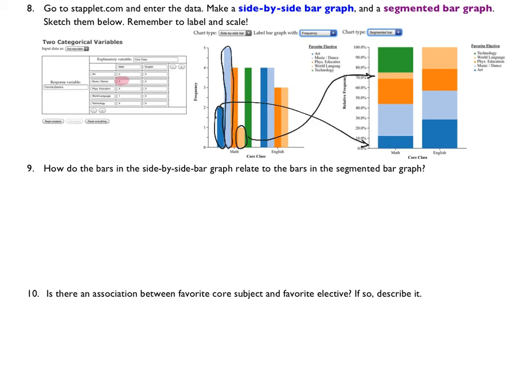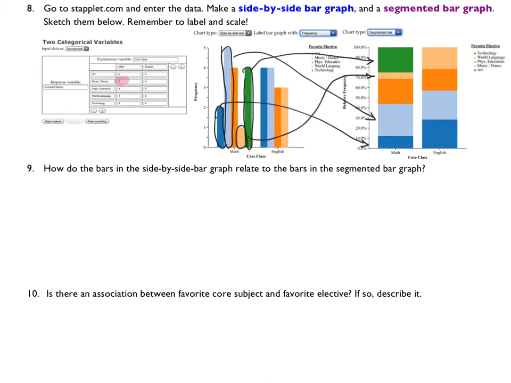And then this tall one is represented there. And then the green one, which is the technology people, is represented there. So we're just taking those bars and we're stacking them on top of each other. But instead of using the counts, we're using the relative frequency or the percent of each one.